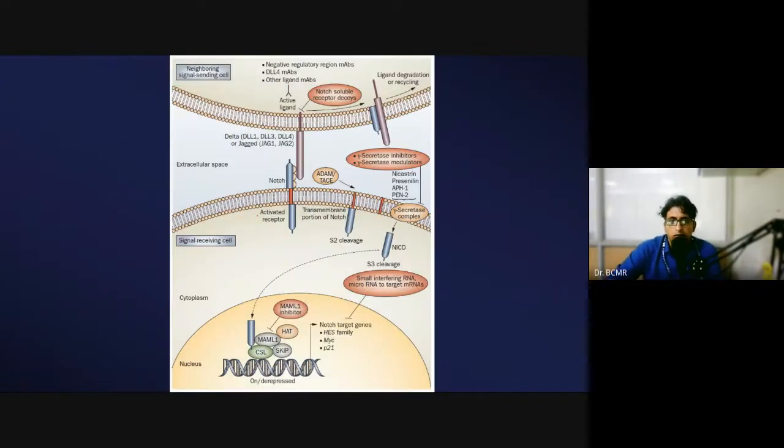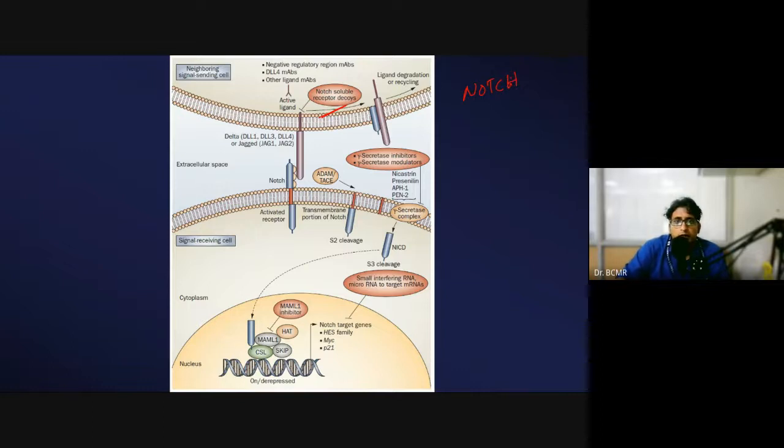So this is a diagram illustrating the same ones, and they are providing some compounds. We don't have to mug up those things, but you can still think of which are these target sites that can be there. So here, this is for notch signaling, right?